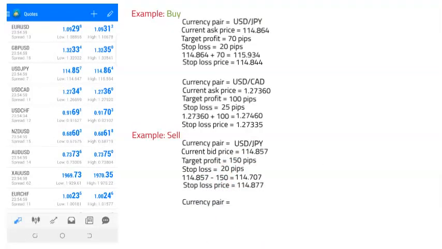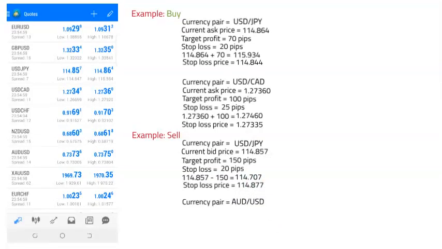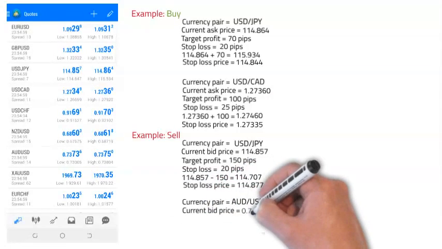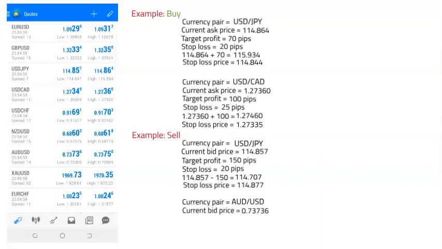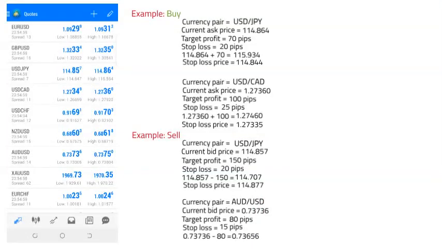Let's see another example. Let's say we want to sell AUD USD due to weakening of the Australian dollar, and we are selling from the current bid price of 0.73736. Take note, bid price because we are selling. And I want a take profit of 80 pips and a stop loss of just 15 pips. My take profit would be at 0.72936.